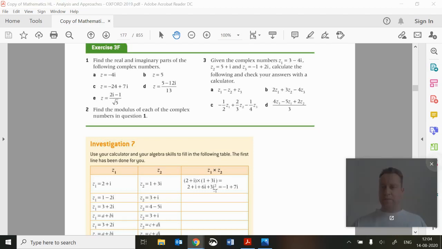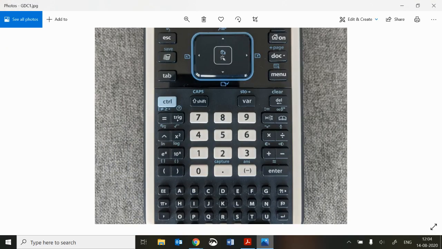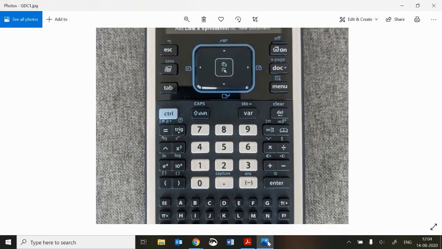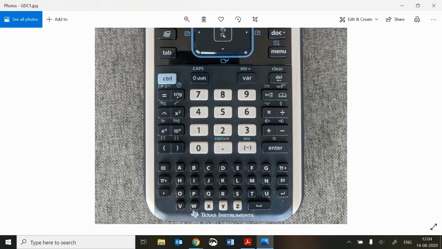Just before we get to that, though, just a note on the calculators. We use the TI Inspire CX model at my school, and obviously, if you don't have this, you'll have to figure out how your calculator works. It may be similar with your calculator. If we do, for example, 3 plus i using the keyboard at the bottom, then it will not understand that, because the imaginary part of the complex number, in other words, i, needs to be found through a particular key.